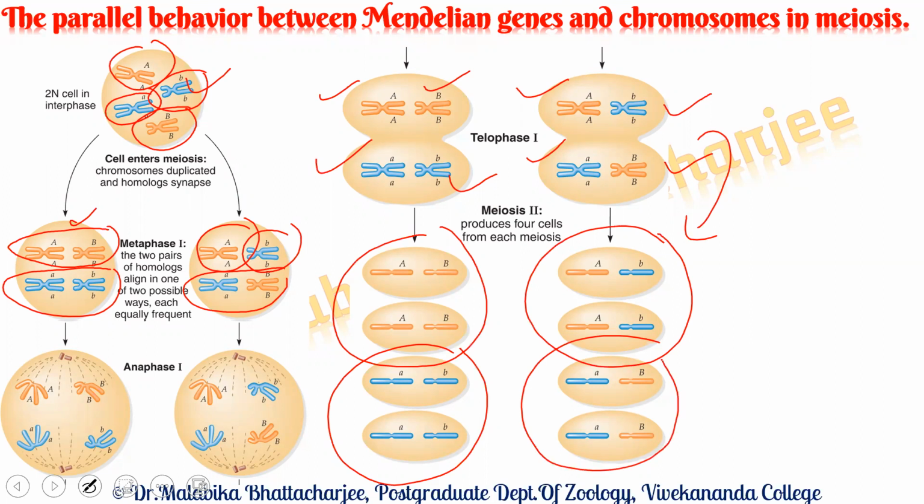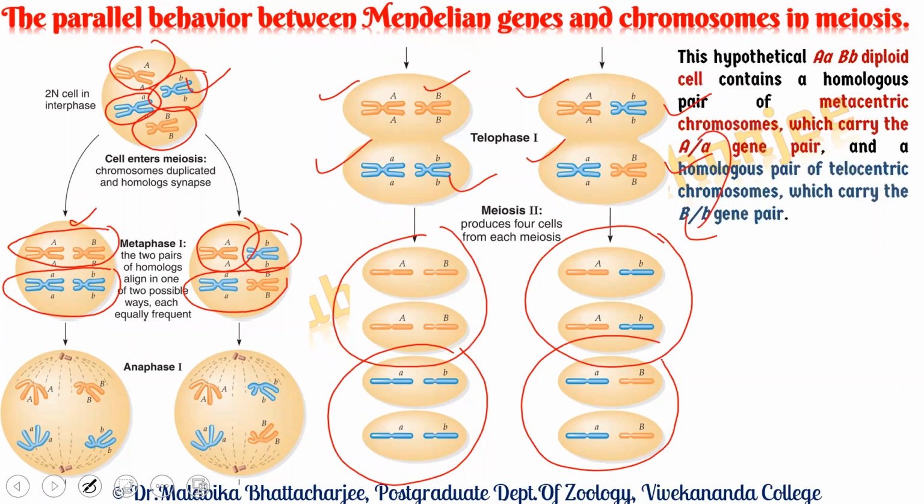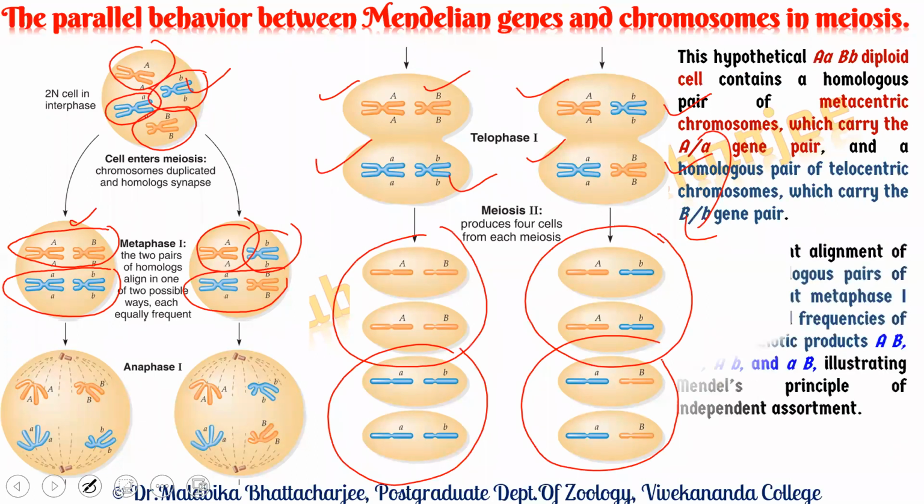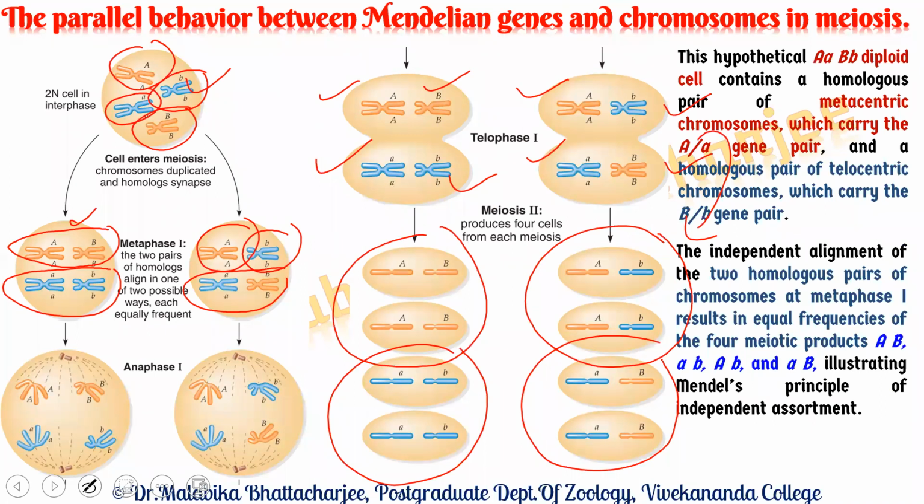So we started with this hypothetical case of a gene pair, capital A, small a, capital B, small b. And what conclusion did we arrive at? We came to the conclusion that in metaphase 1 there was independent alignment of the 2 homologous pairs of chromosomes, resulting in equal frequency of the 4 meiotic products.